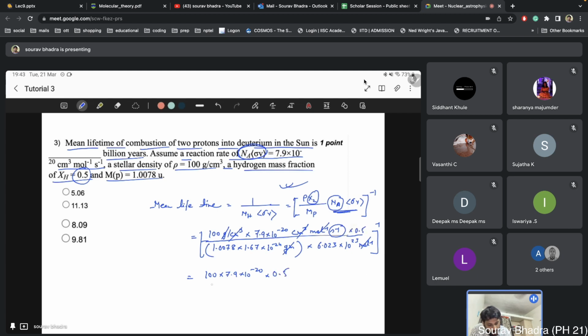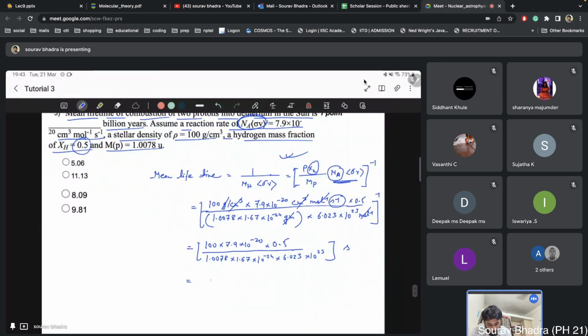So 0.5 divided by this: 1.0078 times 1.67 times 10 to the power minus 24 times 6.023 times 10 to the power 23, and the unit is second. Now that will give you 2.55 times 10 to the power 7 second.